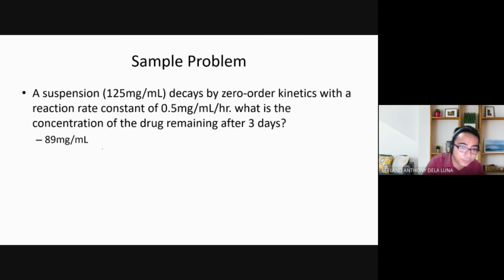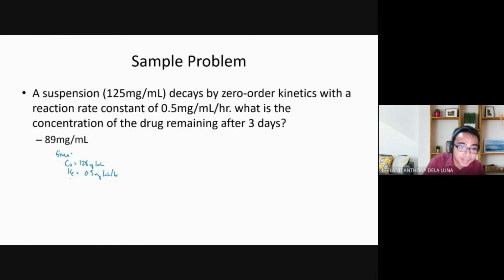So, how did we compute for this? What are our givens? First, we have C0, because that is the starting concentration. It's 125 milligram per ml. What's the Ke, or the elimination rate constant? It's 0.5 milligram per ml per hour.